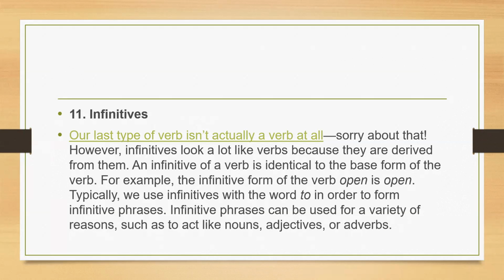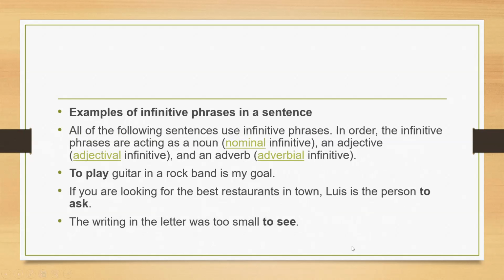But typically, we use infinitives with the word to in order to form infinitive phrases. Infinitive phrases can be used for a variety of reasons, such as to act like nouns, adjectives, or adverbs. Let me give you some examples. All of the following sentences use infinitive phrases. The infinitive phrases are acting as a noun, an adjective, and an adverb.